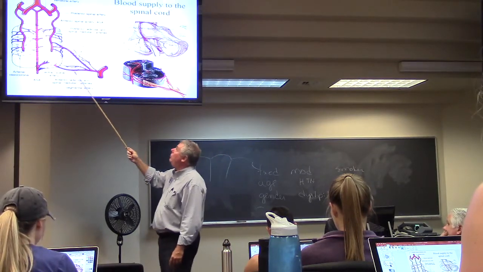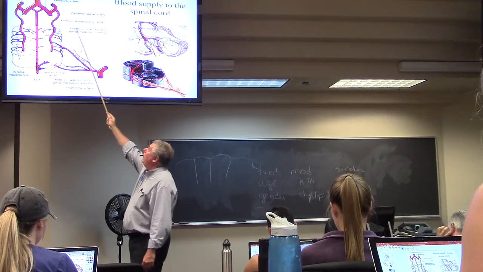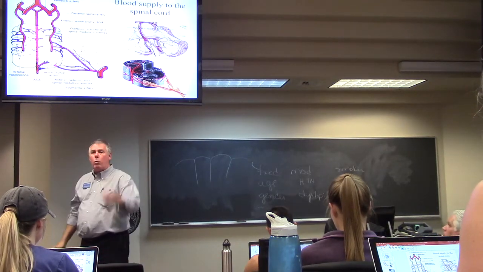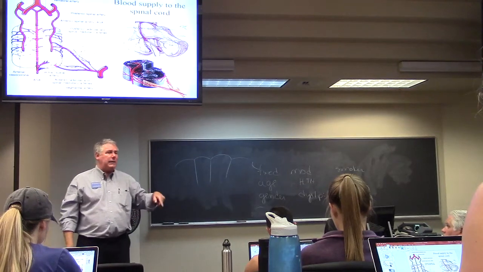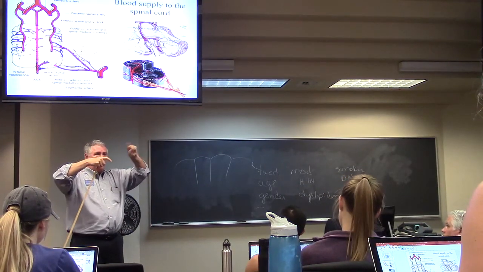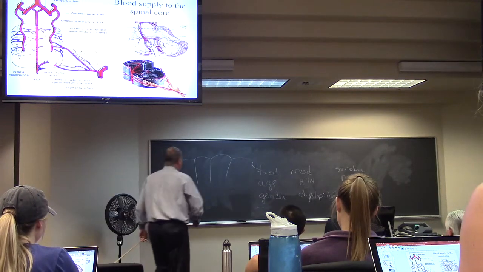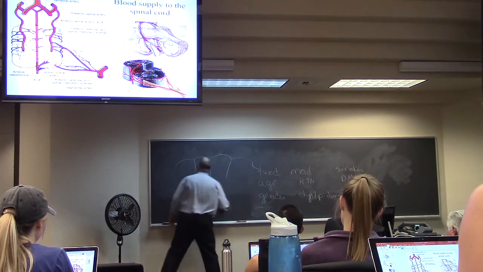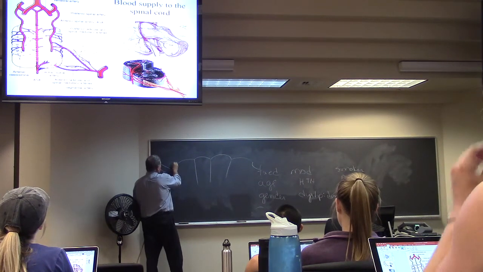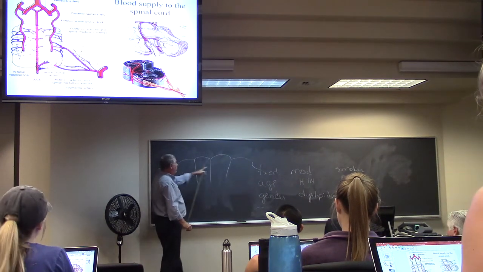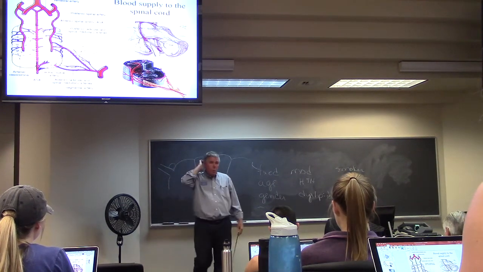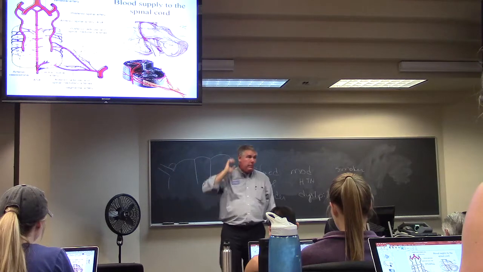There's also a posterior spinal artery that comes off each vertebral artery separately and runs down the cord on the backside, right where the dorsal root is going in. If you take a cross section, here's the dorsal root coming in, and the posterior spinal artery is there on each side. So you have two posterior spinal arteries, one ventral spinal artery.